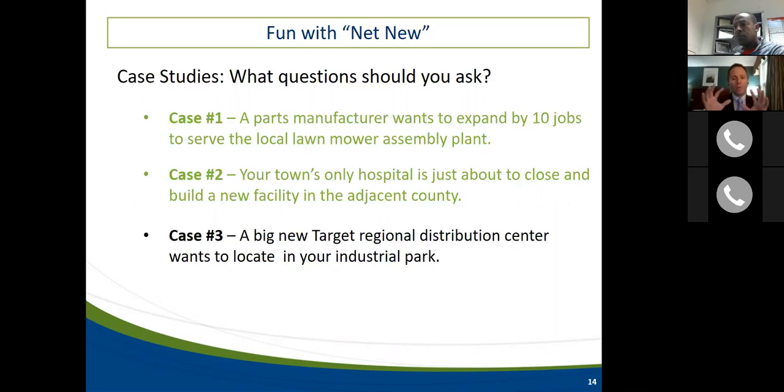How would that help us understand whether or not this is net new economic impact? If we knew it's going to cost an extra $50,000 in police services or fire services, how does that help us answer the question of whether these jobs are truly new to the community? That would be my question.